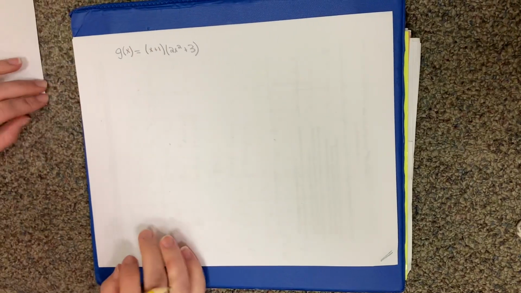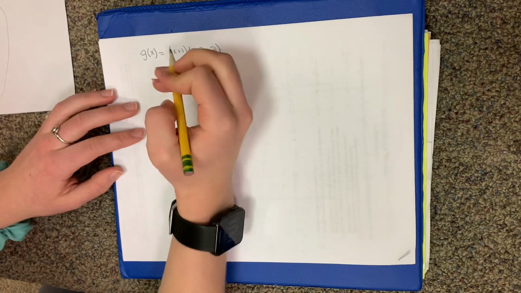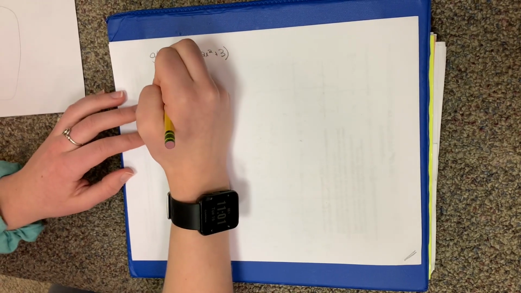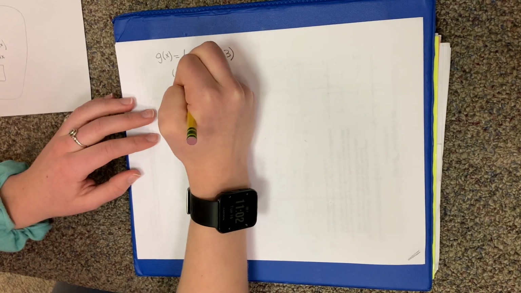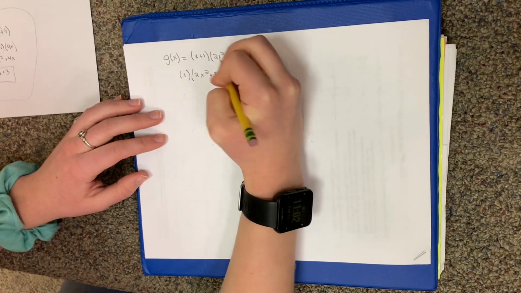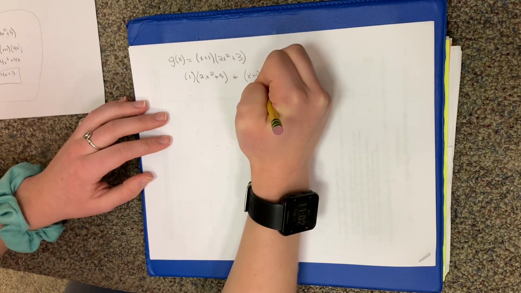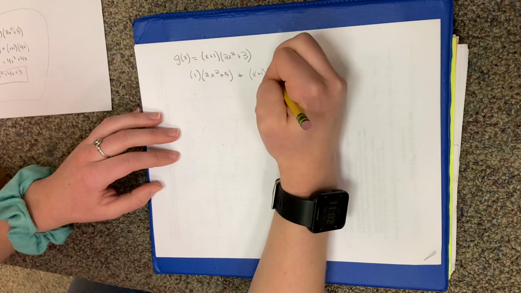Okay, so then if we want to find the derivative of g of x, it's a similar thing. So the derivative of the first one, which is just 1, times this part left alone, plus the first part left alone times the derivative of the second part, which is 4x.